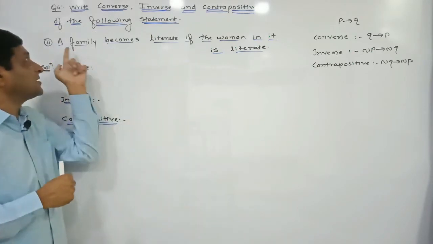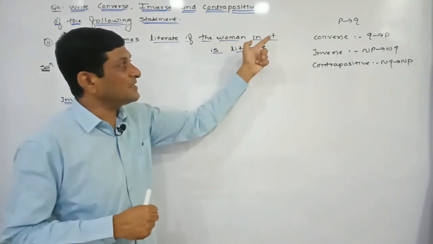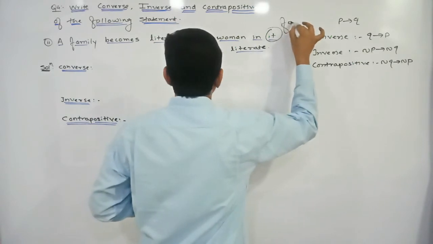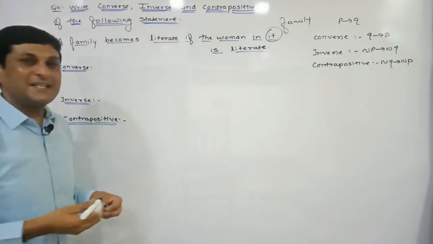Again observe the given statement. A family becomes literate if the women in it are literate. Here it refers to the family. So the women in the family are literate.